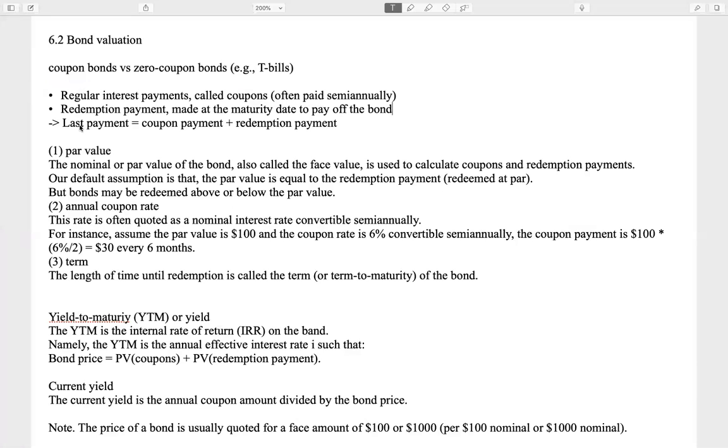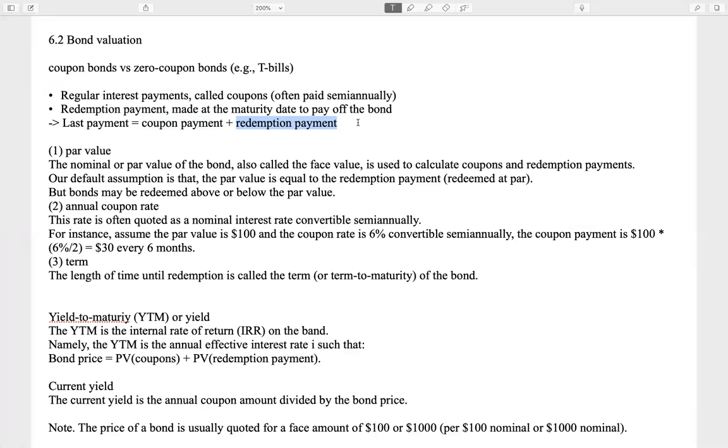Okay, so with those two types, the last payment of a bond consists of both of them, right? It has the regular payments part, which is pretty much the coupon, and the other part is the redemption payment. So the last payment is going to be different from the rest.